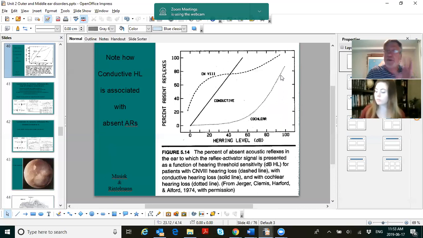They'll still have them until you get to around a 60 decibel hearing loss. When you get past that, you know there has to be inner hair cell damage because outer hair cell pathology can only cause up to about a 50 to 60 decibel sensory neural loss. Inner hair cell pathology usually follows and is more associated with a more severe hearing loss and absent acoustic reflexes, but normal type A tympanograms.